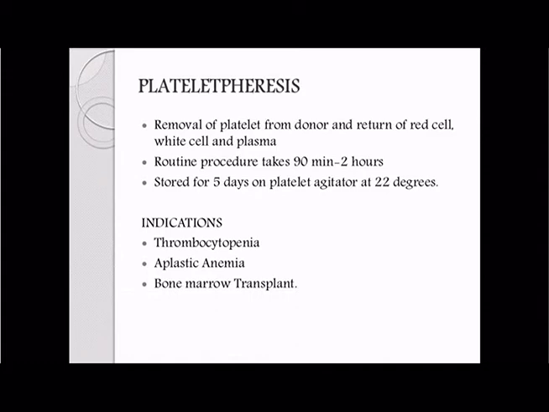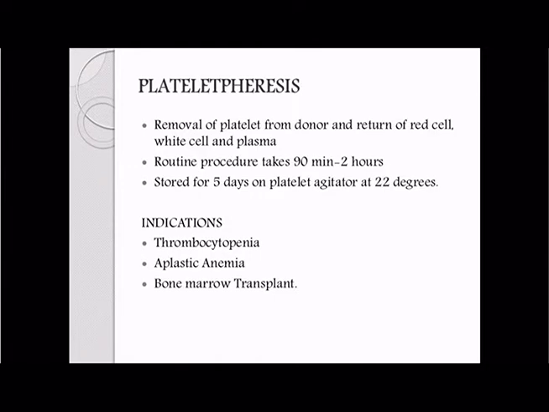Indications are the same as that of the platelet concentrate, that is thrombocytopenia, aplastic anemia, bone marrow transplantation. There are a few other points to be kept in mind during platelet pheresis, which I have already discussed.